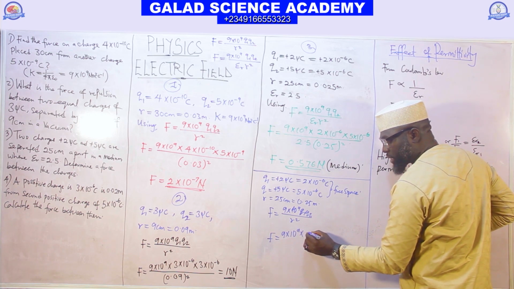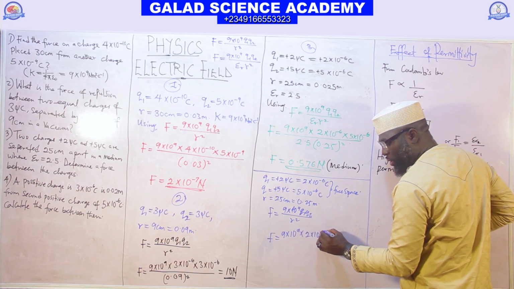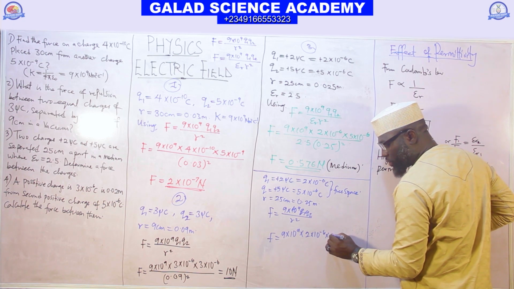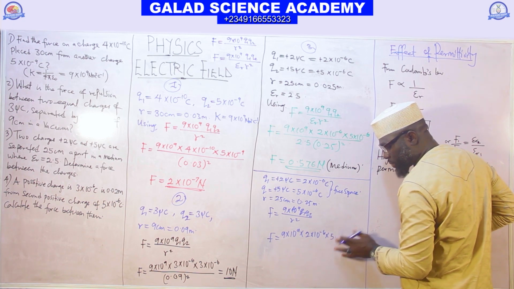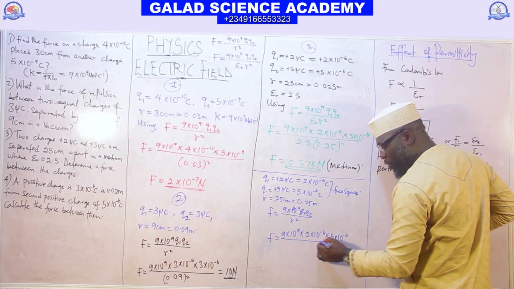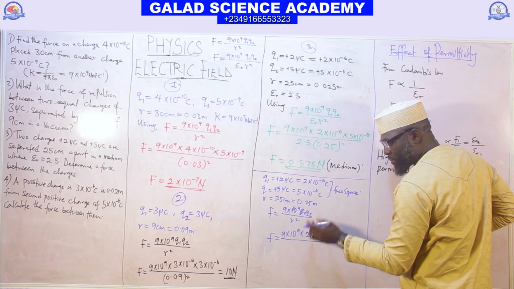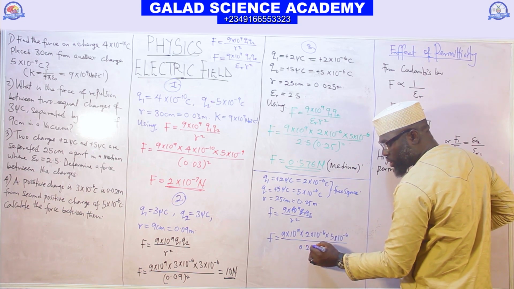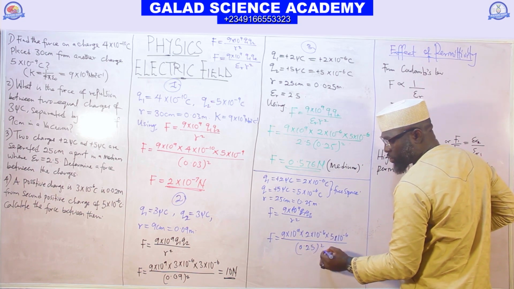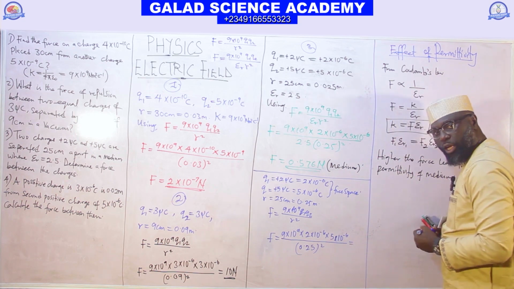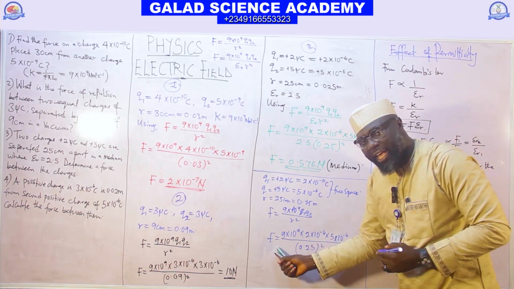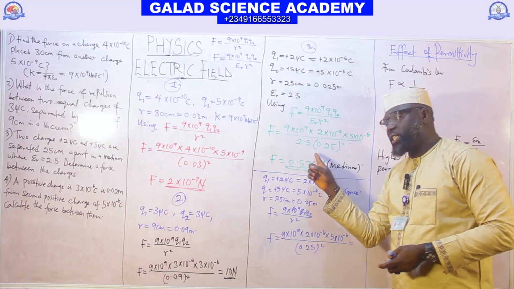If I apply this now, we have 9 times 10 raised to the power 9, Q1 is 2 times 10 raised to the power minus 6, Q2 is 5 times 10 raised to the power minus 6, everything over 0.25 squared. If you press the calculator, the final answer we get here must be greater than this.